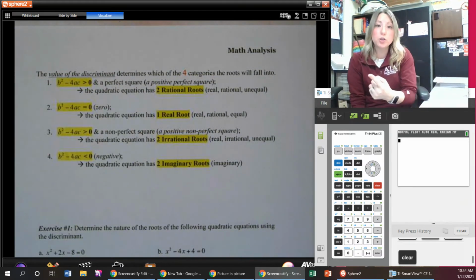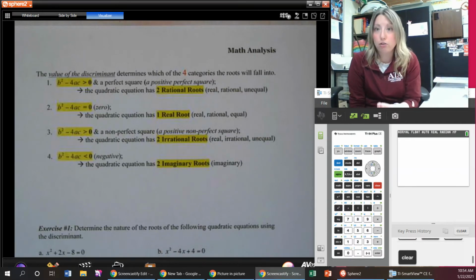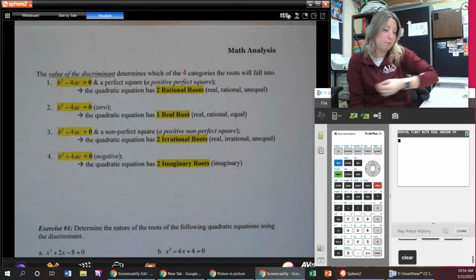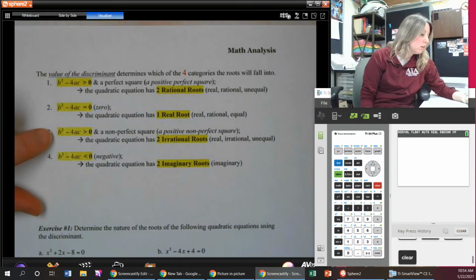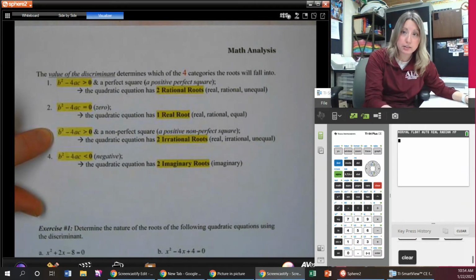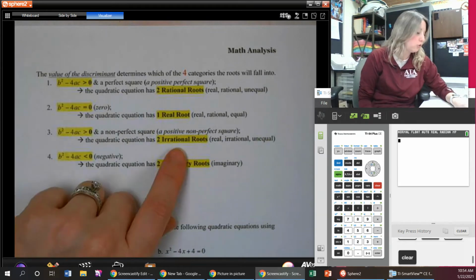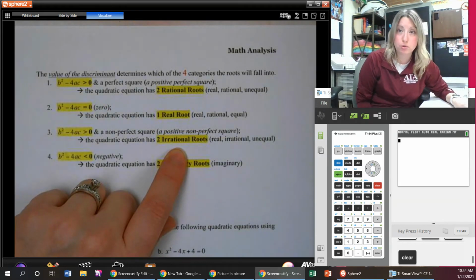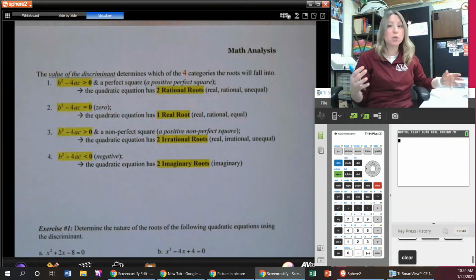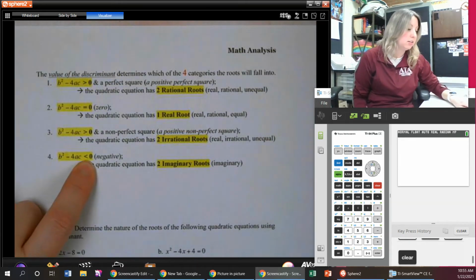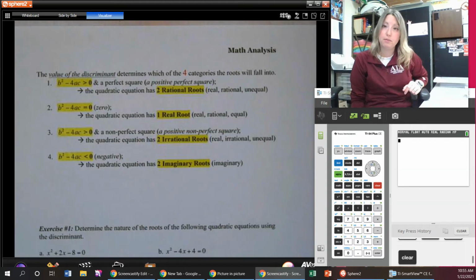We call it 1 real root, but it's technically a rational number. It won't be irrational. If your number is positive, but it's not a perfect square, we say 2 irrational roots. And if your number under the radical is at all negative, 2 imaginary.